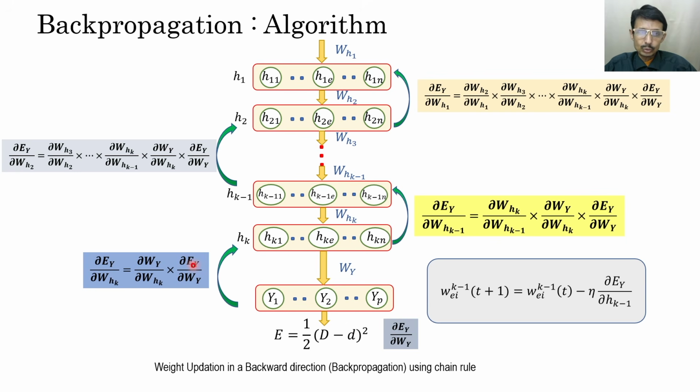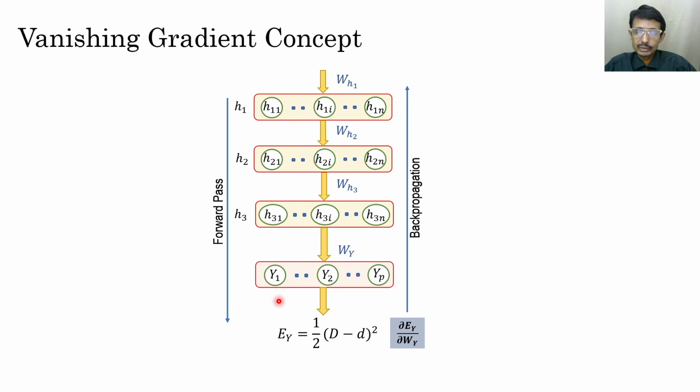This error gradient, through the chain rule, goes to the successive hidden layers, and these hidden layers use this gradient for the weight updates, from this to this, then this to this, by these chain rule equations. Now let us see step by step what happens. Here, this is the error E, and dE/dW is the error gradient at this layer, and accordingly we can update the weights.